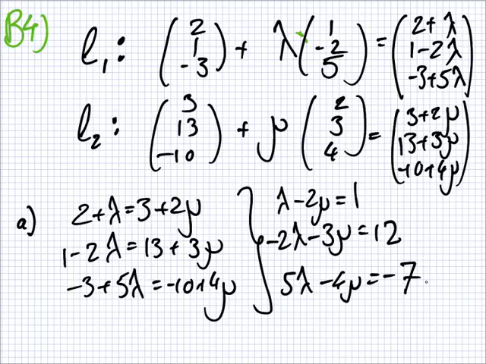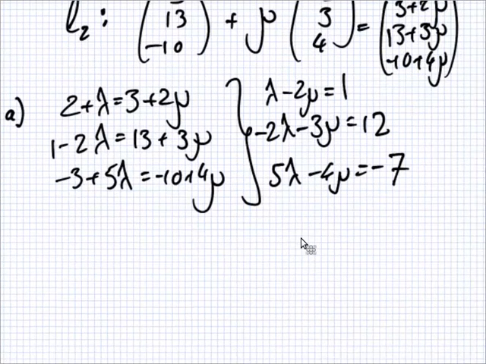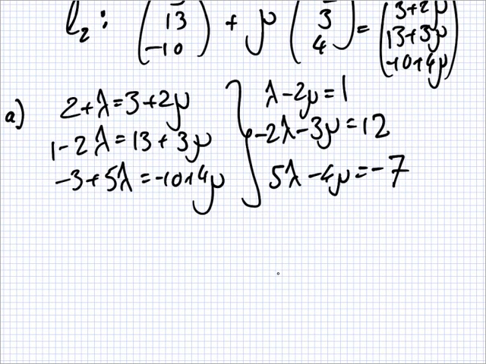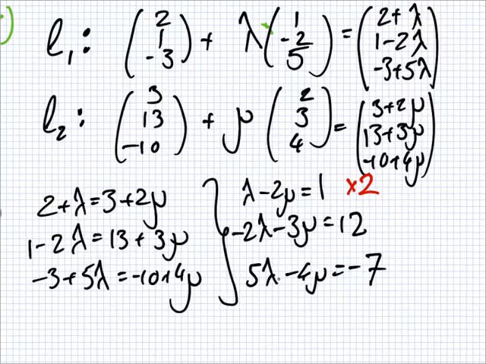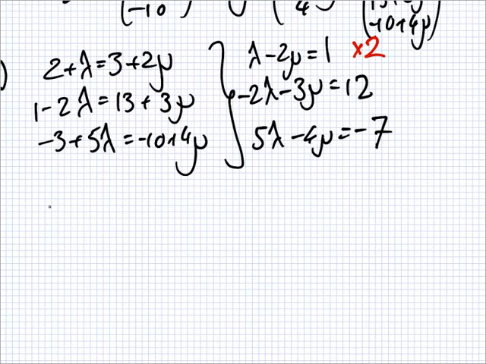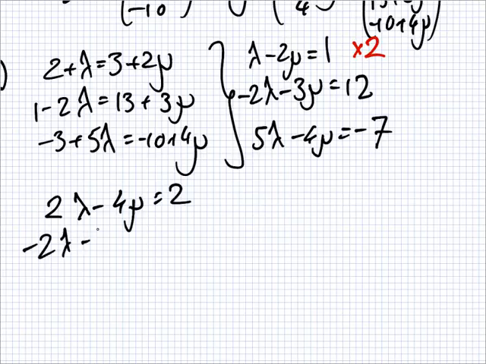What do you think would be the easiest way to solve these? I think what I'll do is I'll multiply this one by 2. Right, so here we have 2 lambda minus 4 mu equals 2, and minus 2 lambda minus 3 mu equals 12.